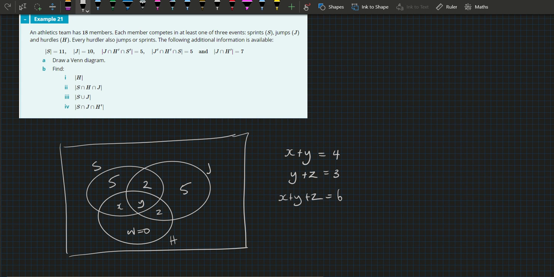Yes. So if X plus Y equals 4, I number these equations 1, 2, and 3. So if X plus Y has to equal 4, then Z has to equal 2. All right, so now, looks like a 2 already.